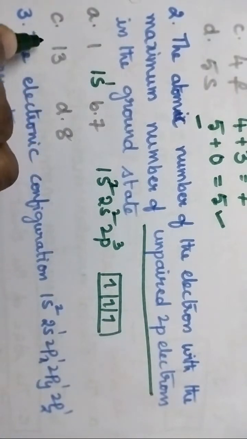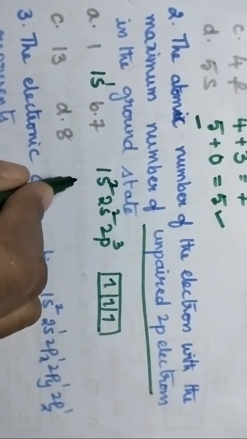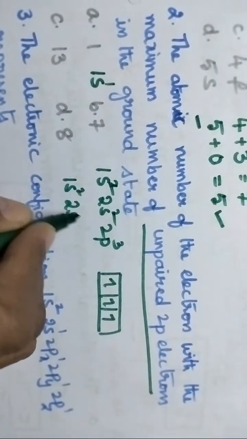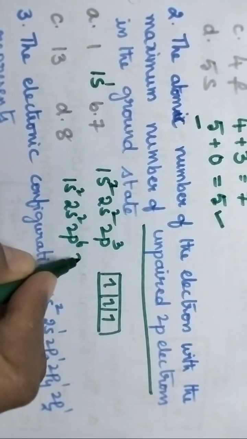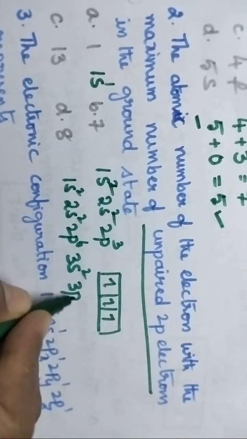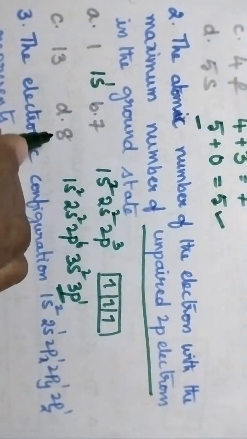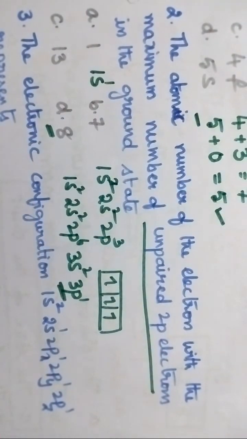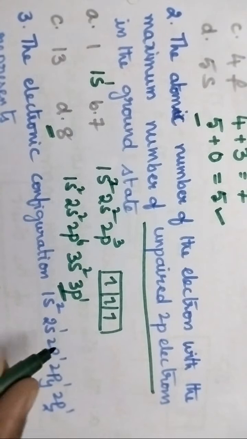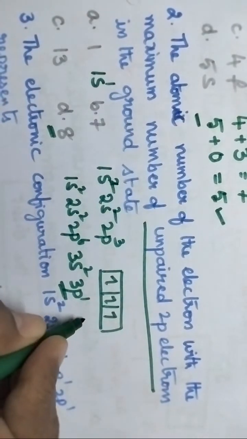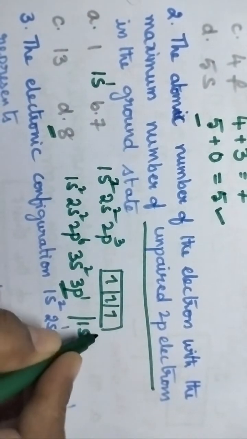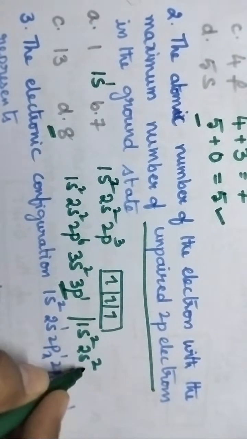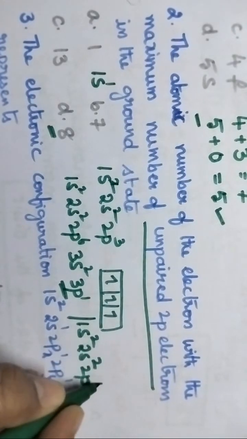Coming to the option C, 13. Configuration is 1s2, 2s2, 2p6, 3s2, 3p1. Only one unpaired electron is present here. Coming to the option D, 8. So configuration is 1s2, 2s2, 2p4.